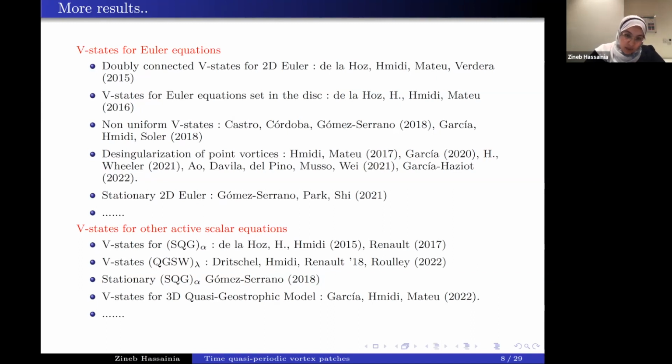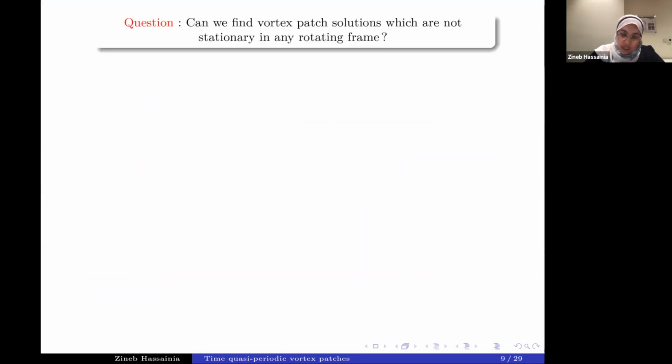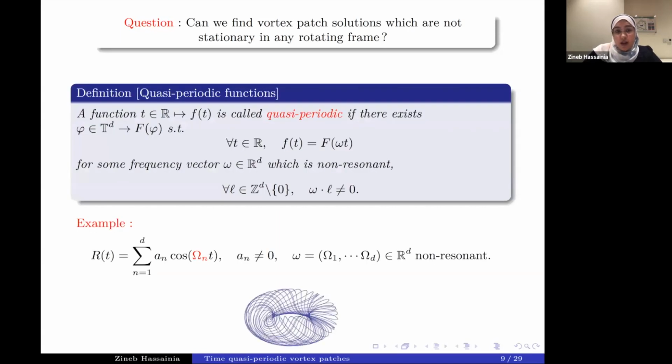But the common point of all these solutions is that they are stationary in some rotating reference frame. So the natural question that may arise here is, can we find vortex patch solutions which are not stationary in any rotating frame? This is the case of quasi-periodic solutions.